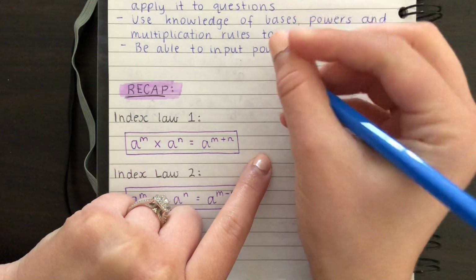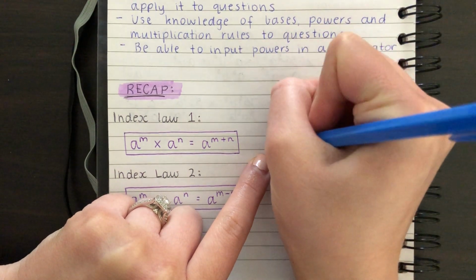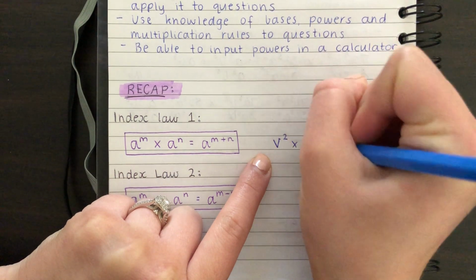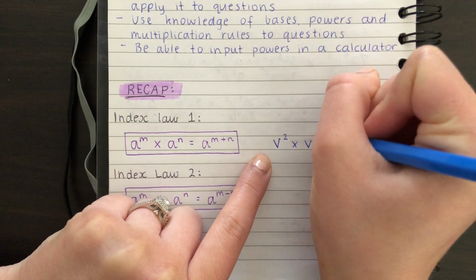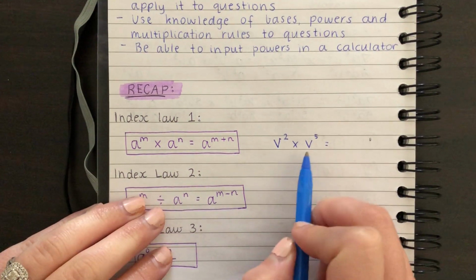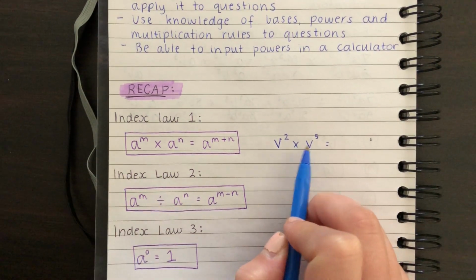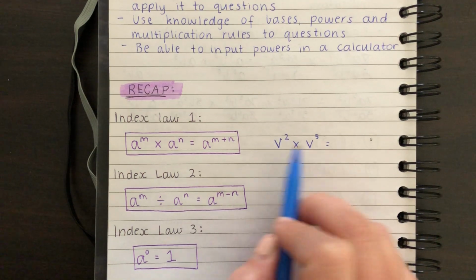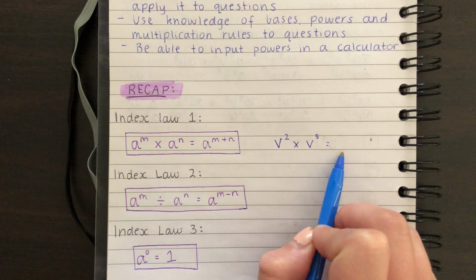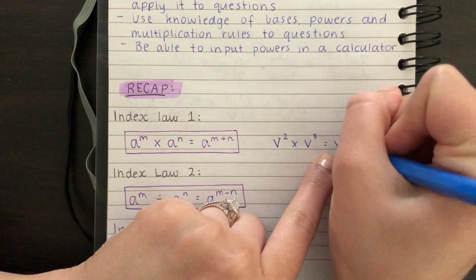Let's say, for example, we had v to the power of 2 times v to the power of 5. Okay, so when we multiply 2 bases that are the same, all we need to do to get our final answer is write down that base.